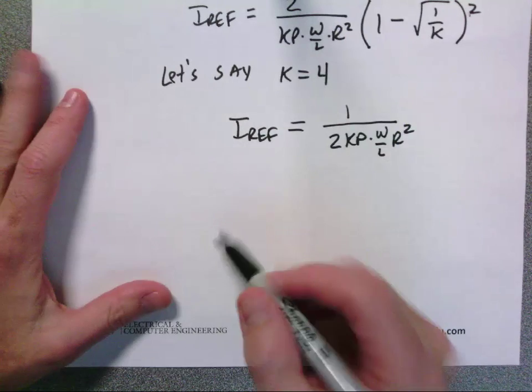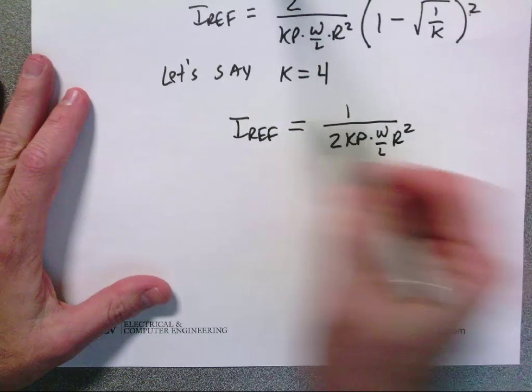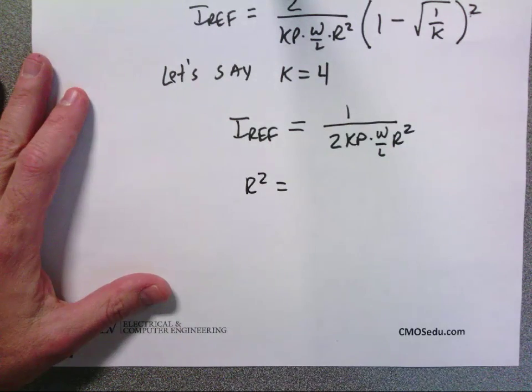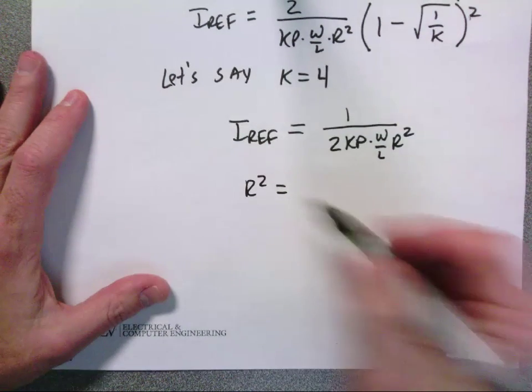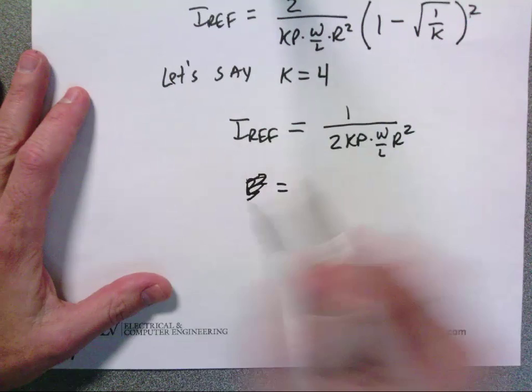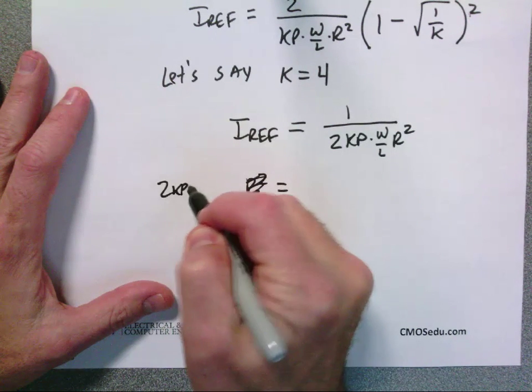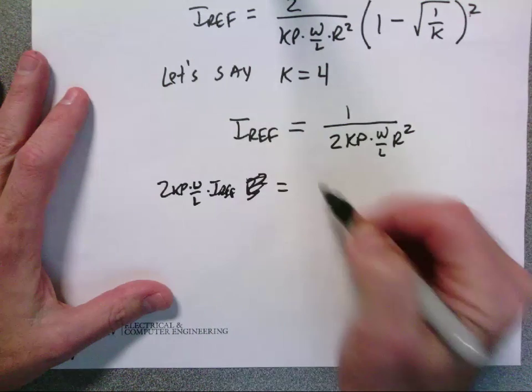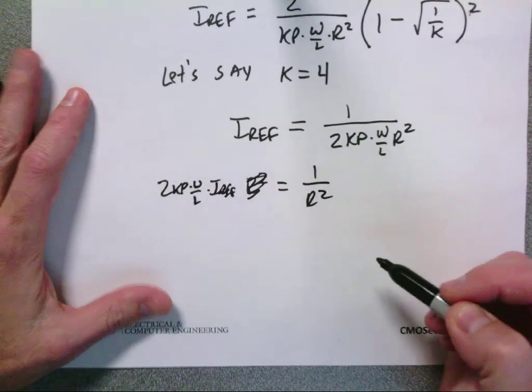Would everybody be okay if I moved this up here and wrote R squared is equal to, or actually let's move these up. Let's write it as 2 Kp W over L times Iref is equal to 1 over R squared.